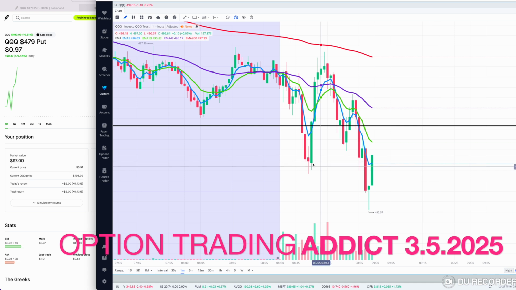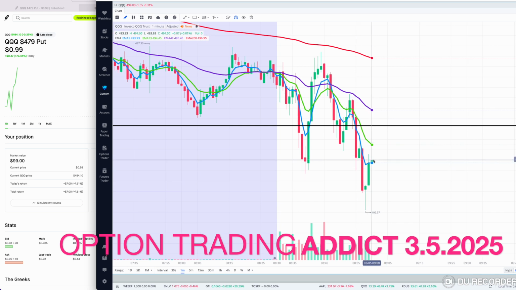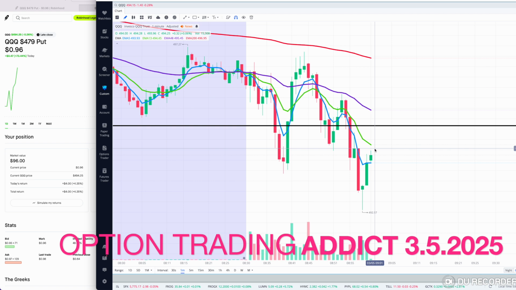We can see where it popped up, retested this high over here, bounced down, created a lower high, bounced down, and now trying to see if it's going to create another lower high and then just plummet. That would be nice.